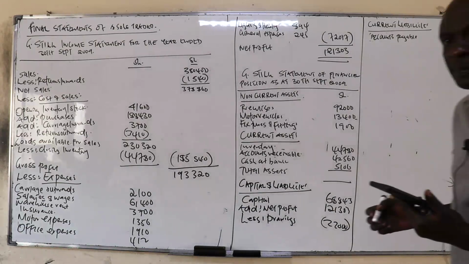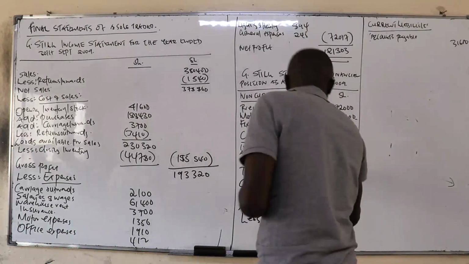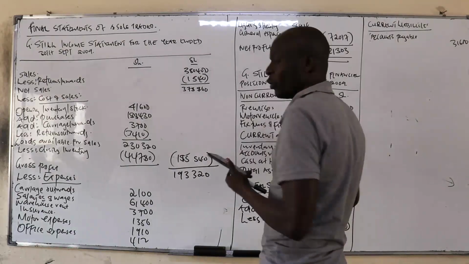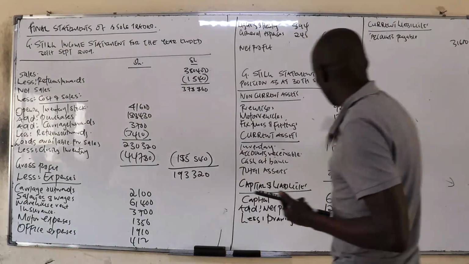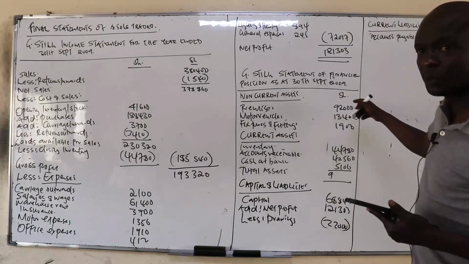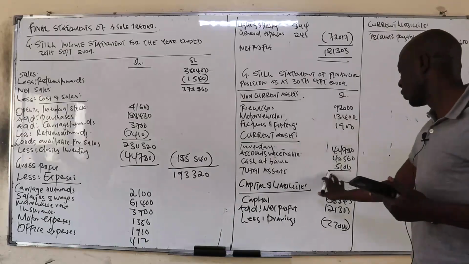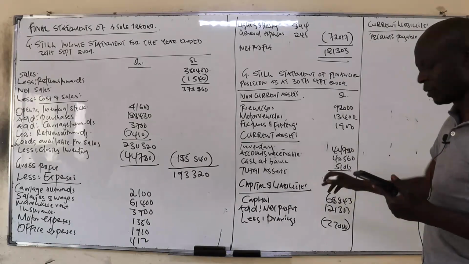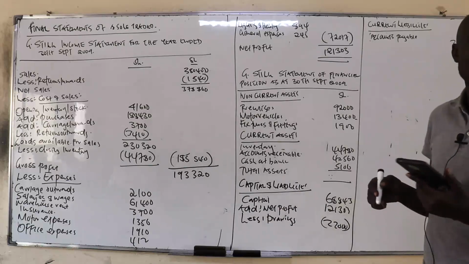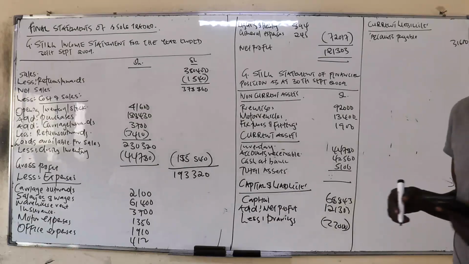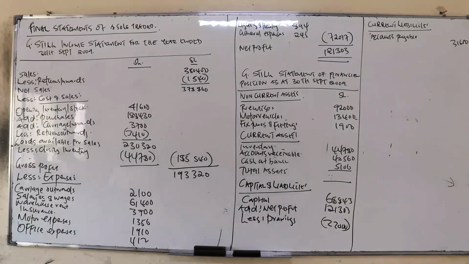Sorry? Current asset or the entire assets? Or from the top? Sorry, I want you to add everything from the one. How much you get?